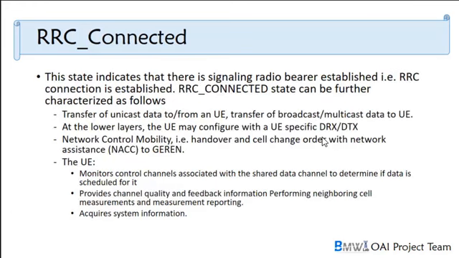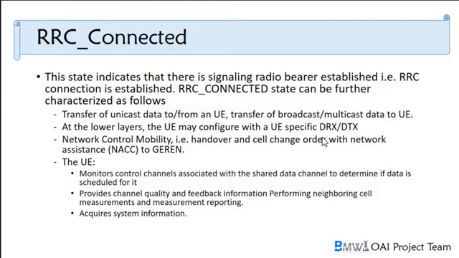For the connected state, it indicates that a signaling radio bearer is established and an RRC connection is established, and the RRC connected state can be further characterized as below.